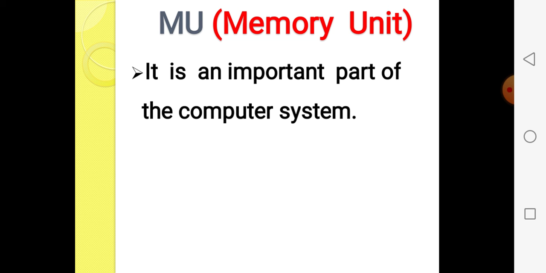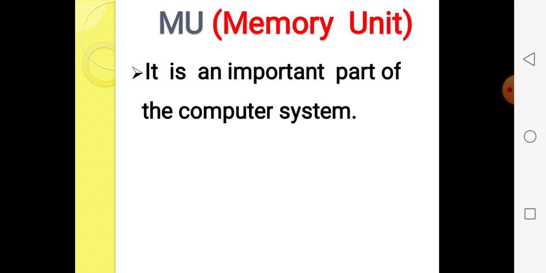Now, MU. MU means memory unit. It is an important part of the computer system. A memory unit receives data, holds it, and then delivers it according to instructions from the control unit.